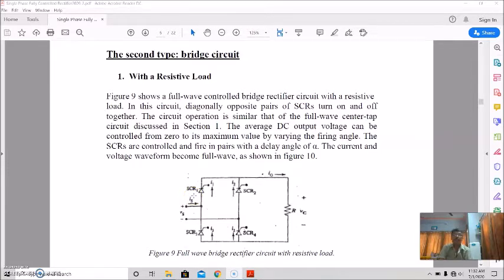The average DC output voltage can be controlled from 0 to its maximum value by varying the firing angle. The SCRs are controlled and fired in pairs with a delay angle of alpha. The current and voltage waveforms become full wave, as shown in the figure.